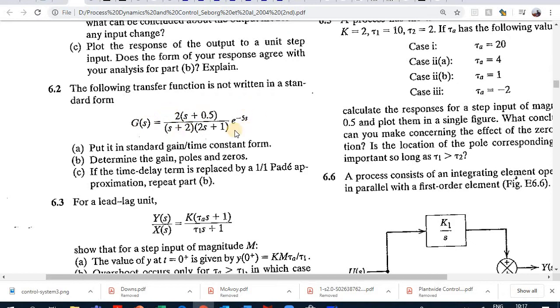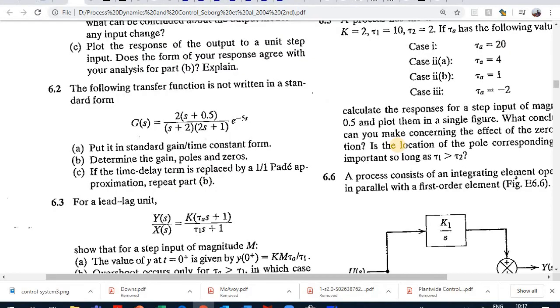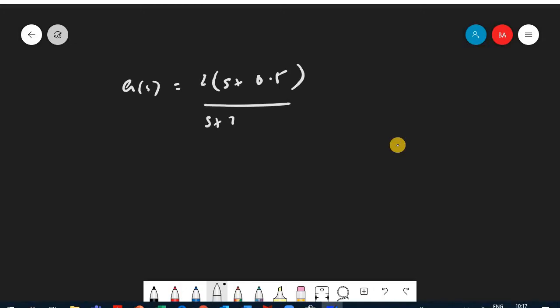For that problem, I want to find the poles and zeros, and to do that, I need to put this in the standard format. So that's 2(s + 0.5) over (s + 2)(2s + 1) e^(-5s). These look like they're in a standard format.